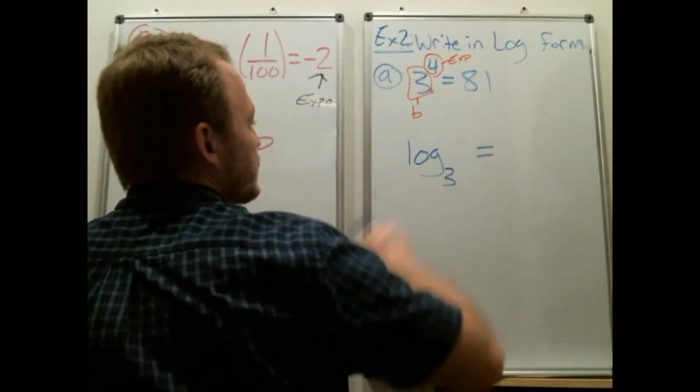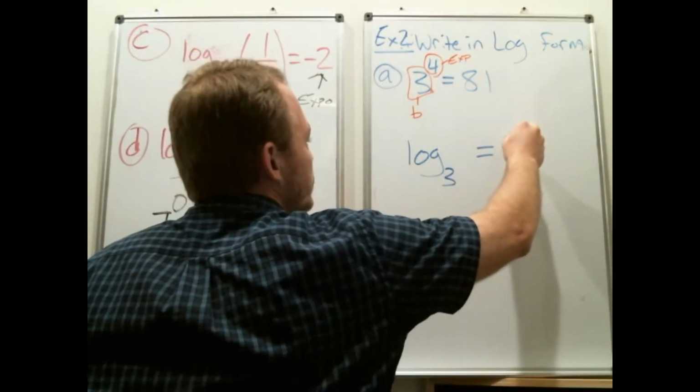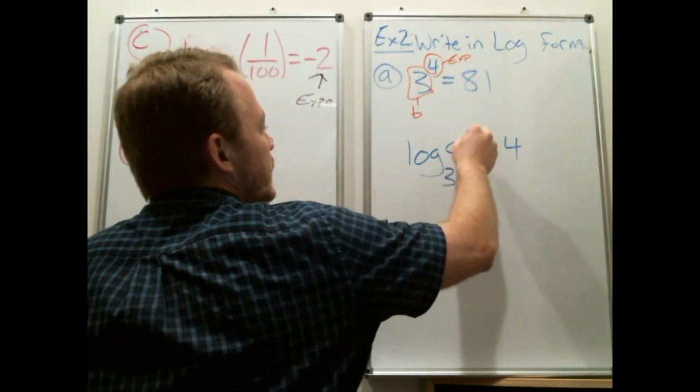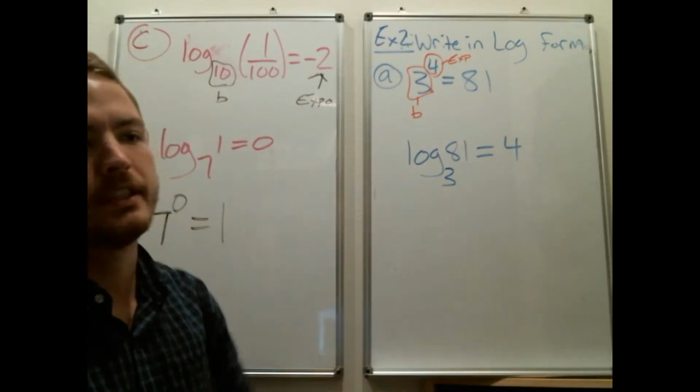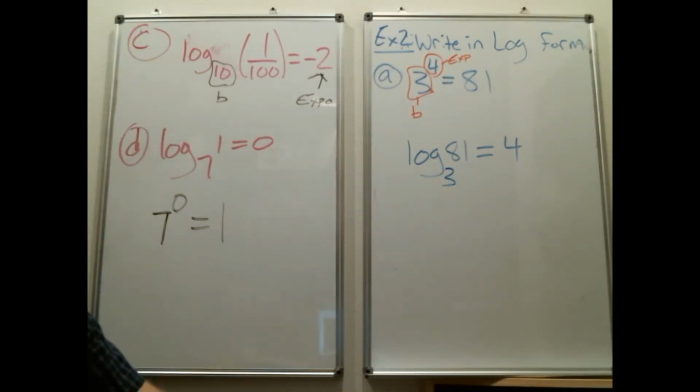So this is my exponent, which is 4. And then what's left over is 81. So log base 3 of 81 is equal to 4. I know it's a little weird. It just takes some practice, but once you see it and get the hang of it, these things go pretty fast.